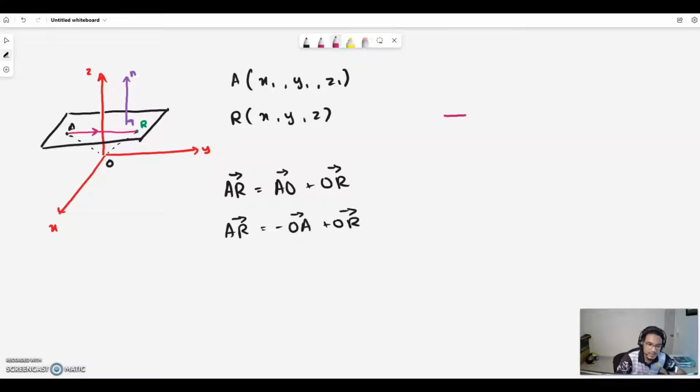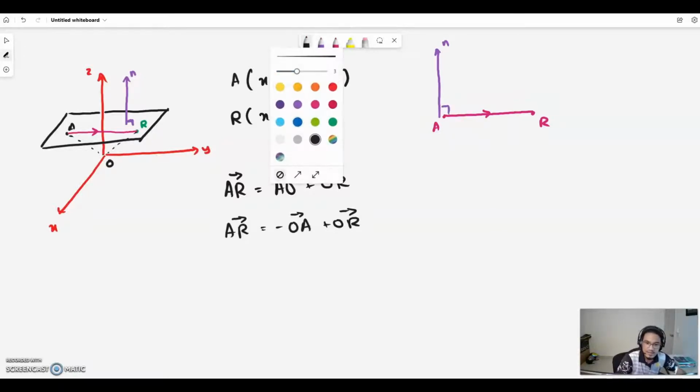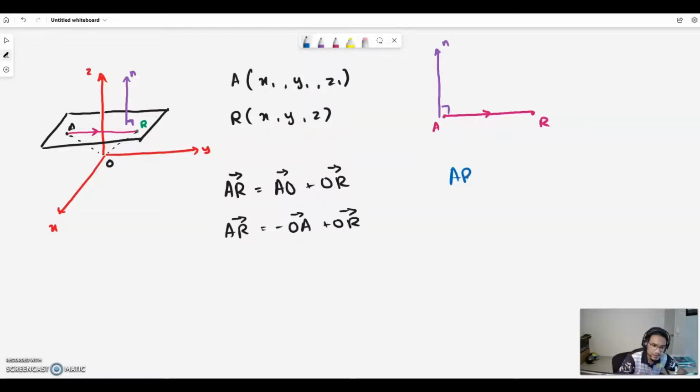By the side view of our diagram, this is point A and this is point R that lies on the surface of the plane, and right here we have the vector n that is 90 degrees, or perpendicular, to the surface of the plane. So as we can see, if we take vector AR dot vector n, it will be equal to 0 because they are perpendicular. Then we substitute AR with negative OA plus OR, dot n equal to 0.